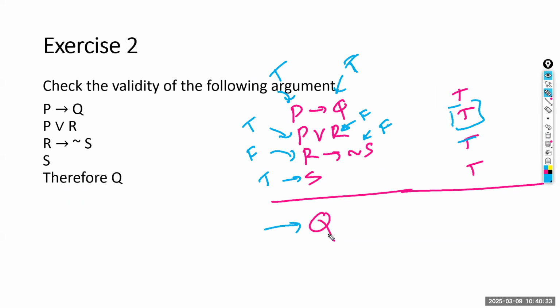Yes, your conclusion is something that must happen if your logic is correct, if your argument is correct. If your assumptions are correct, as a logic, your argument is perfectly correct. Q must happen. If all these things happen, Q must happen.